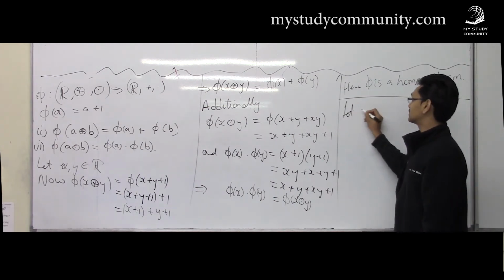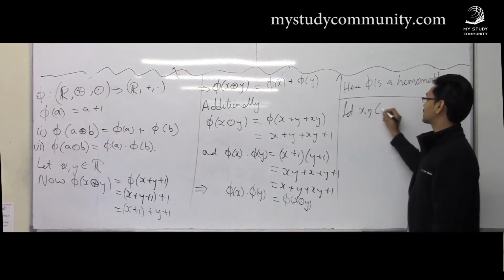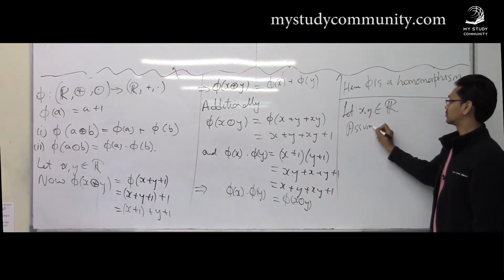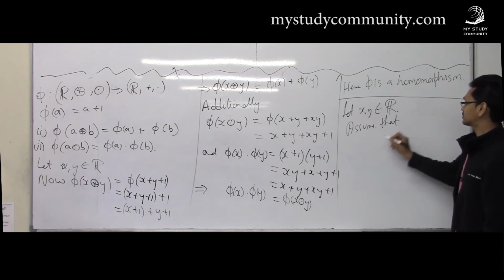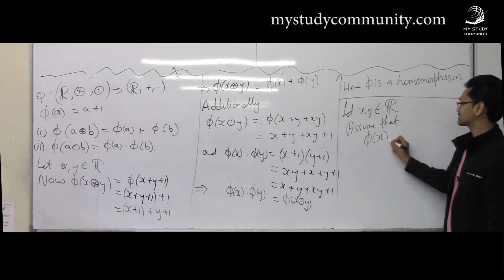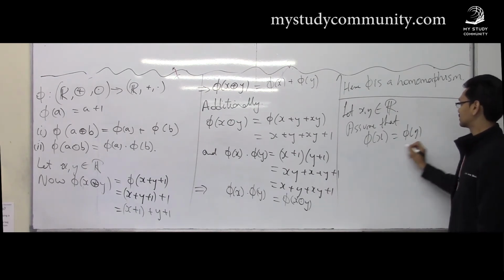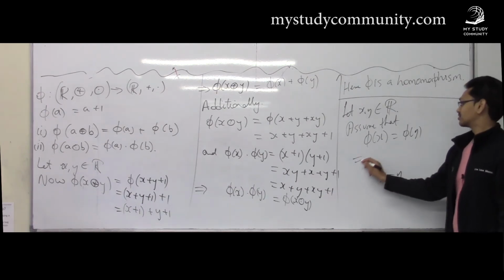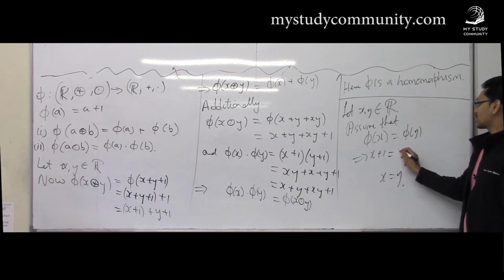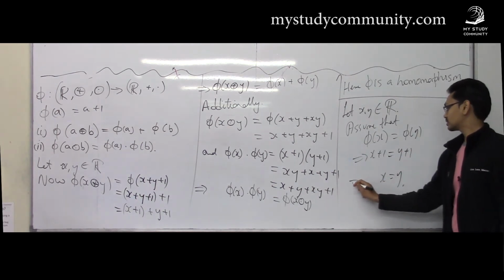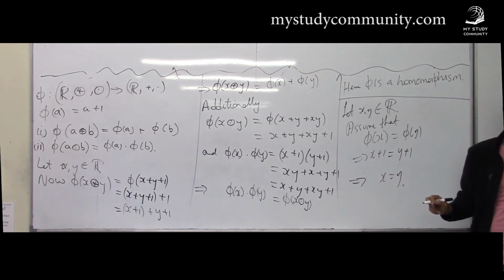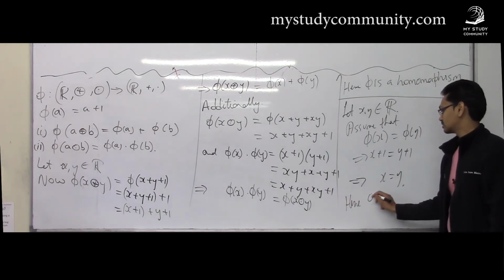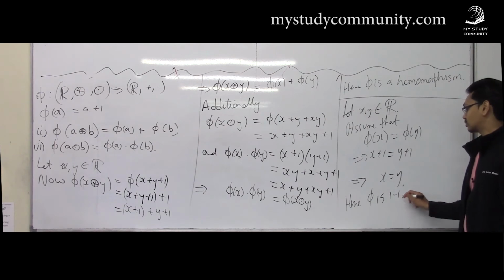So let x, y be in R. Assume that phi of x equals phi of y, and we want to show that x equals y, yes? Phi of x is x plus 1, phi of y is y plus 1, which implies x equals y, straightforward. Hence, phi is one-to-one, injective.